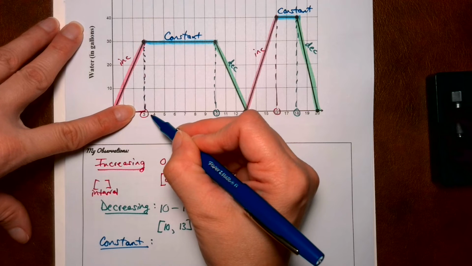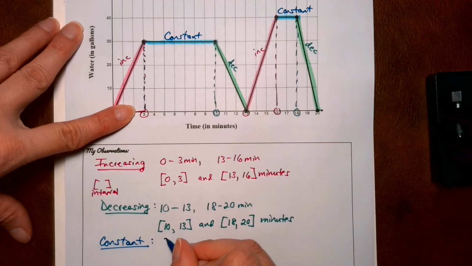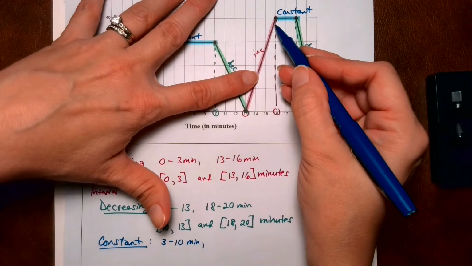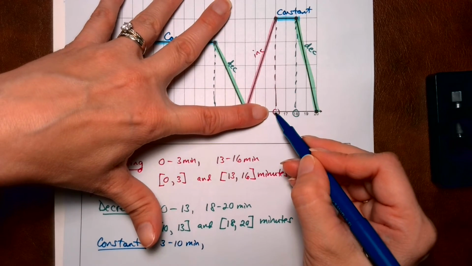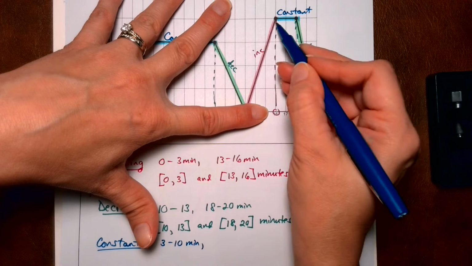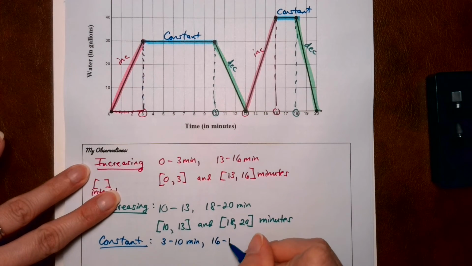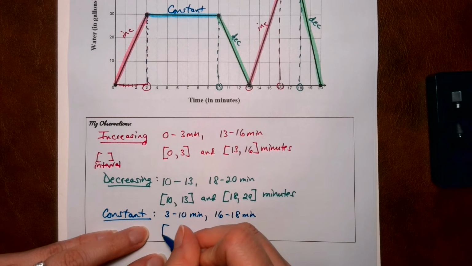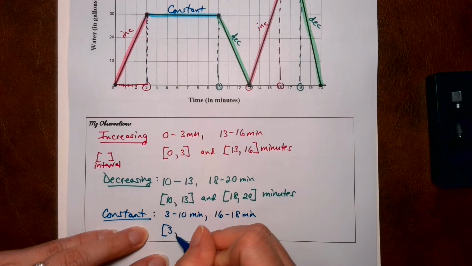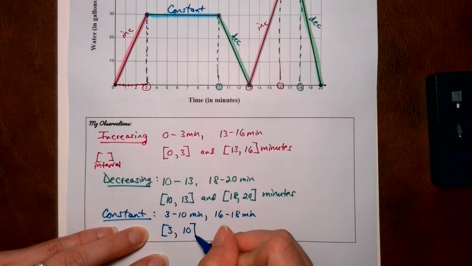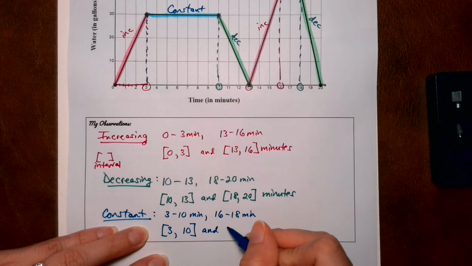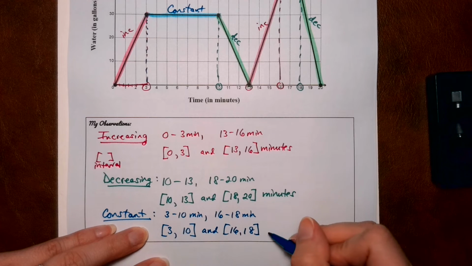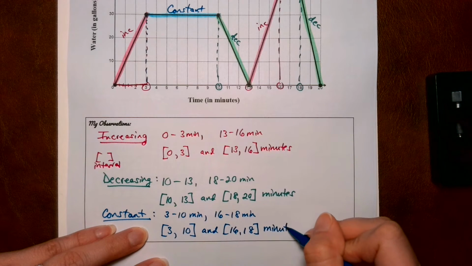From 3 to 10 minutes, and again over here from 16 to 18 minutes. And how do we write that answer mathematically? We're going to use brackets from 3, comma, 10, and brackets 16, comma, 18, and we have to say units, which are minutes.